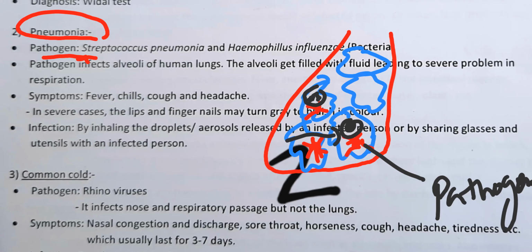So these alveoli get filled up with this fluid, giving a hazy appearance in the lungs.